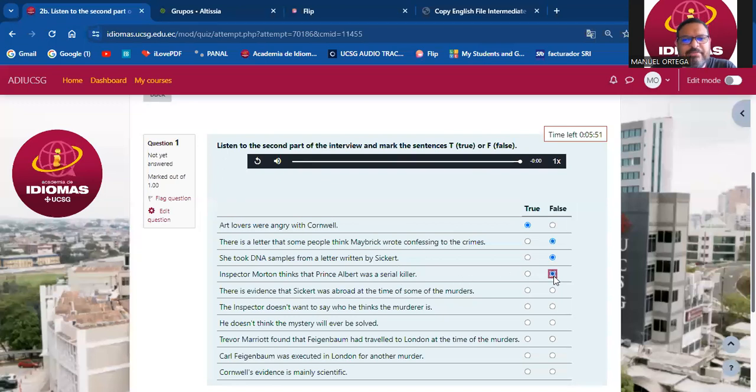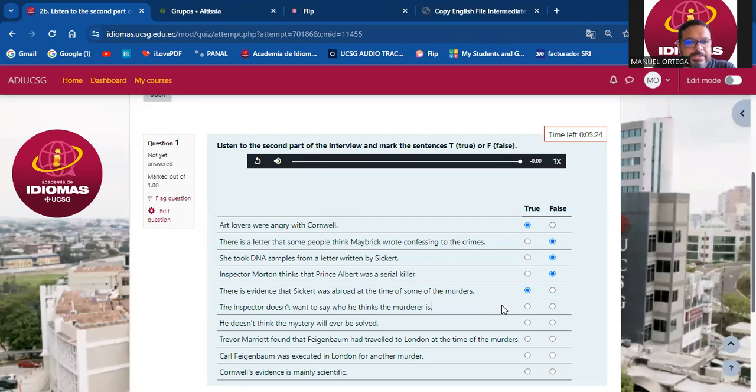No, actually, he laughed about the idea that he believes is impossible. There is evidence that Prince Albert was abroad at the time of some murders. That one is true.